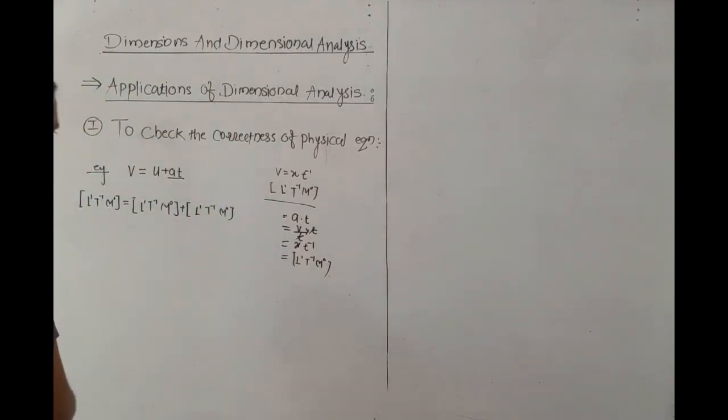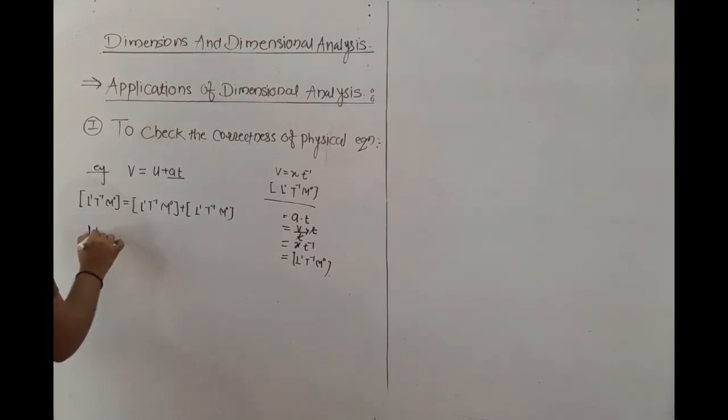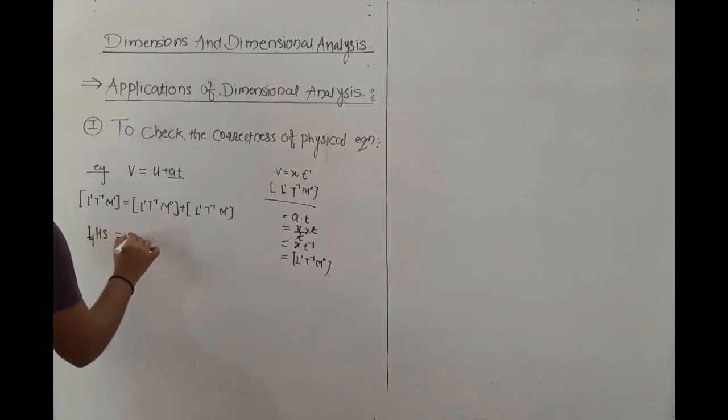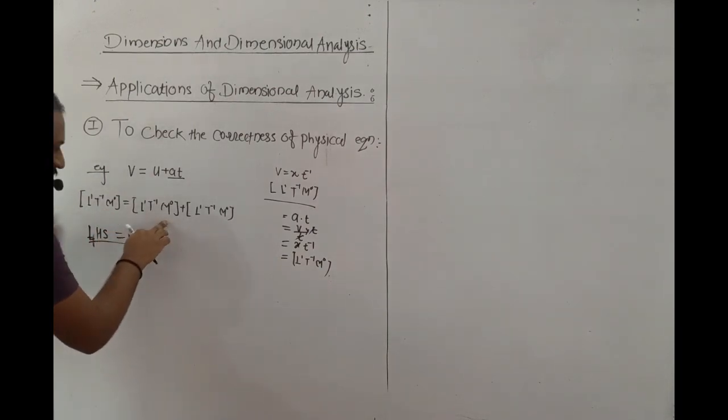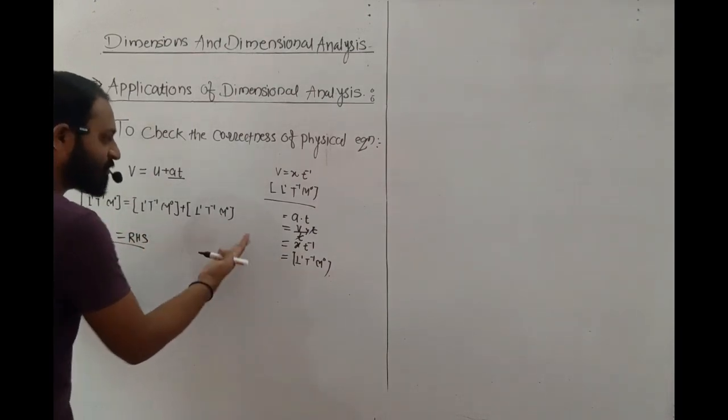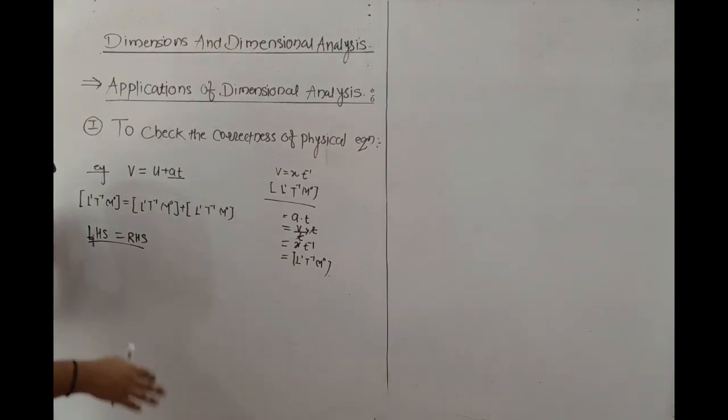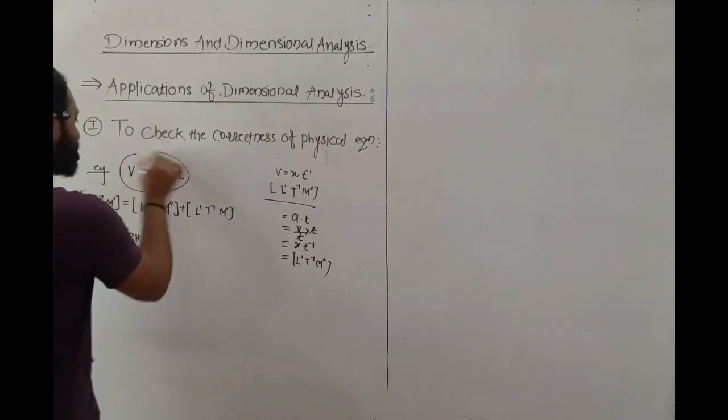Now check the principle of homogeneity, that is, LHS should be equal to RHS. Check: L1 T minus 1 M0 equals L1 T minus 1 M0 plus L1 T minus 1 M0. Oh, the formula is right.